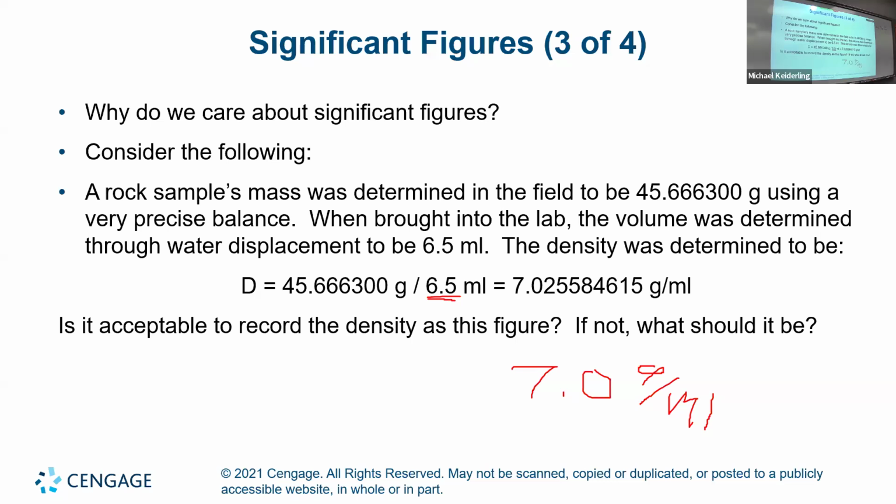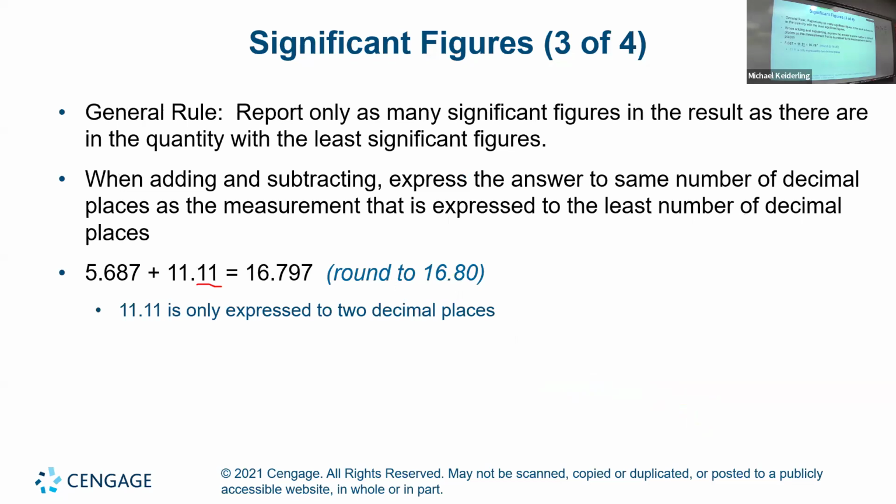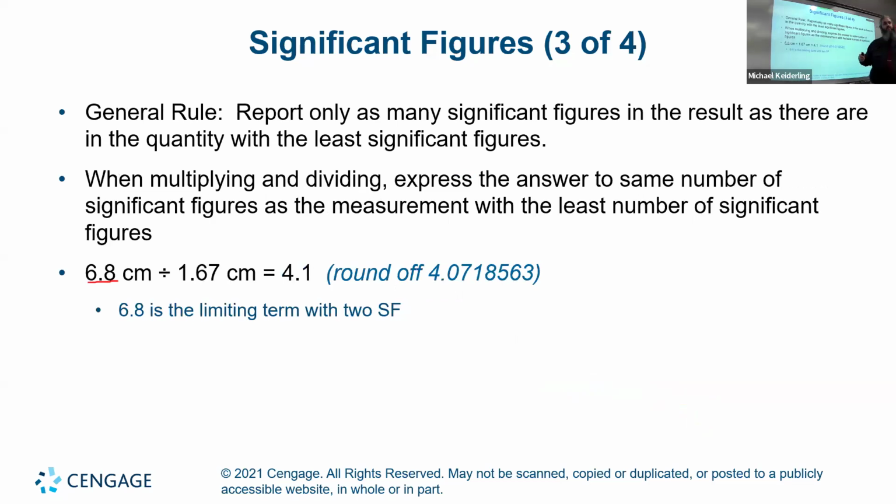So this would be rounded to 7.0 grams per milliliter. So this was rounded up to 16.8. This was also rounded up to 4.1.